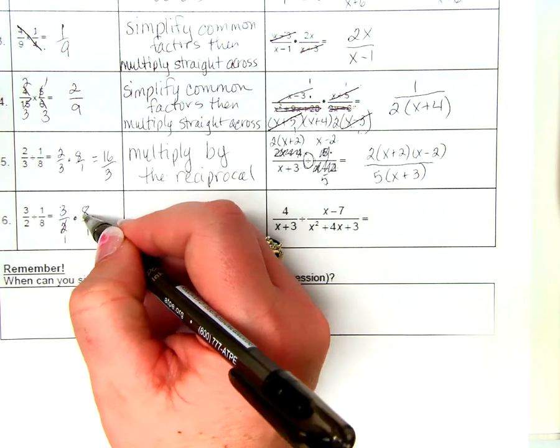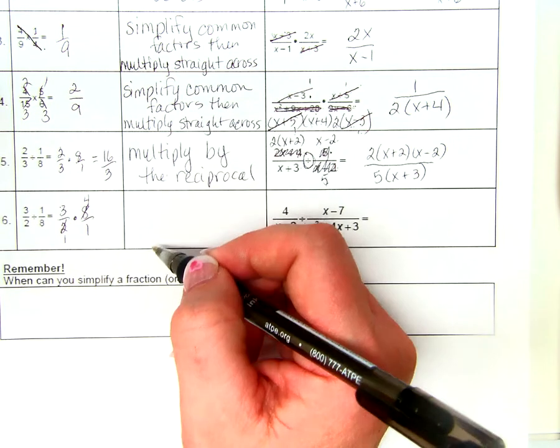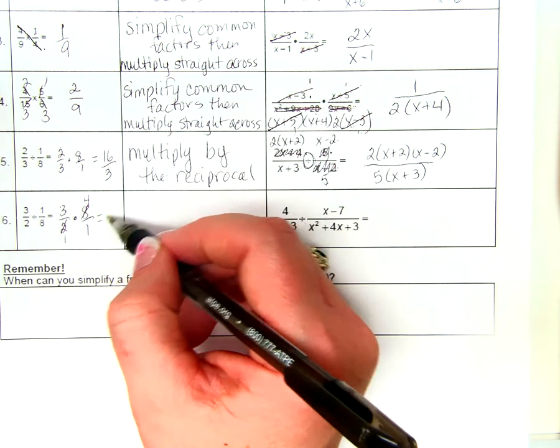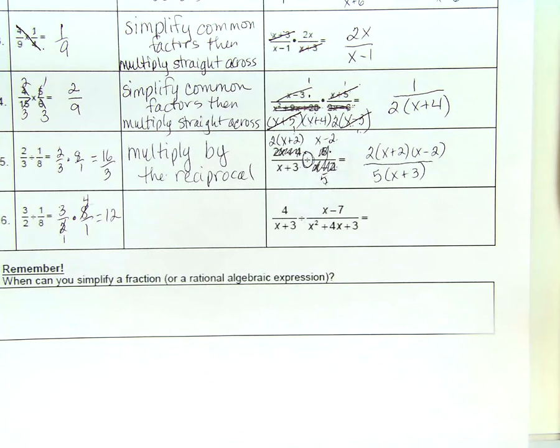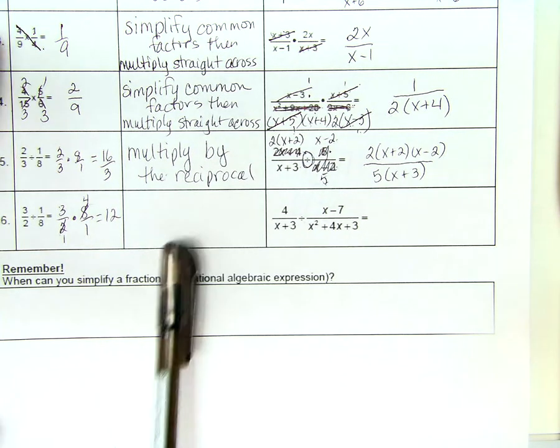This is a 1. This is a 4. What's left? Yeah, 12. That's exactly right. 12 over 1, I heard somebody say. Is it okay that I just wrote 12? You guys know those are equivalent, yes? So what steps did I take?